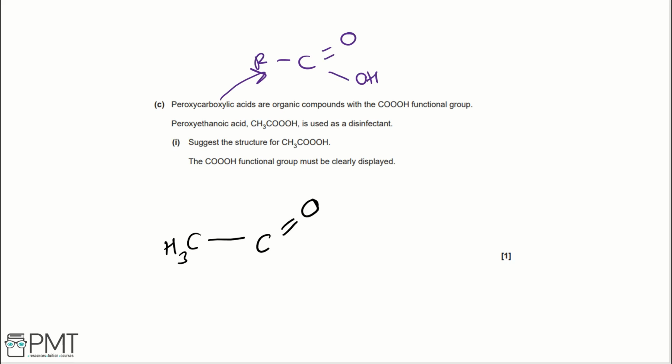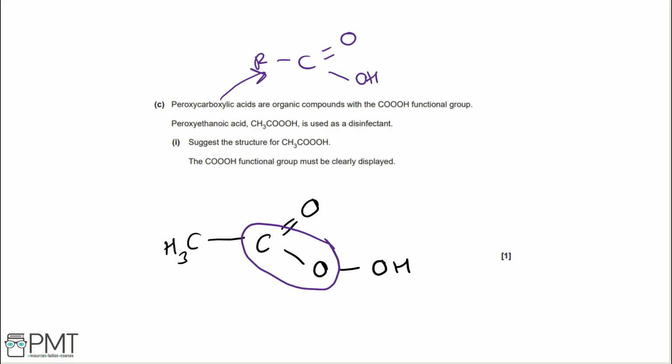And that would look like this, with roughly a carboxylic acid group being represented, but because it's a peroxycarboxylic acid, instead of having the carbon bond to an OH, we've got it bonding to an oxygen and then the oxygen bonding to the OH, which makes it slightly different to just a carboxylic acid.